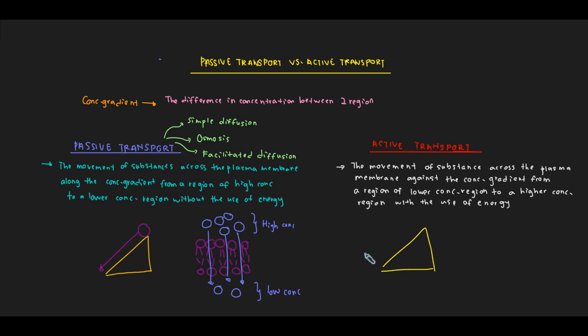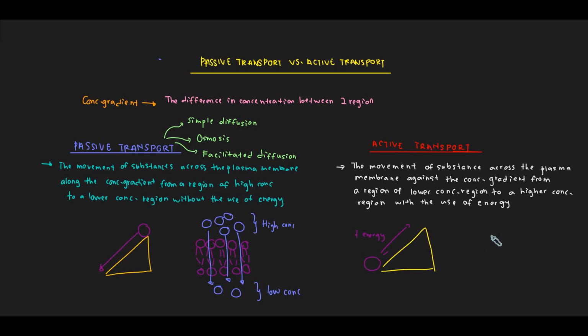But in the case of active transport, it is from the lower concentration region to a higher concentration region. If you want to move this ball again to the top of the slope, you would need to push it, and when you push it, you add energy into it, right? It's against the concentration gradient. That is when energy is important for active transport to happen, meaning that you have to push the ball in order for it to roll upwards to the top position.